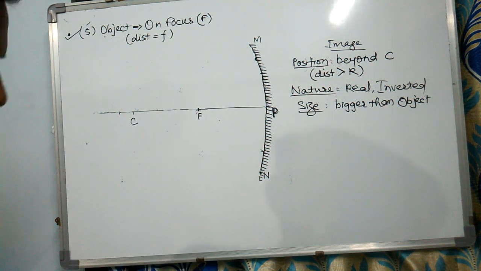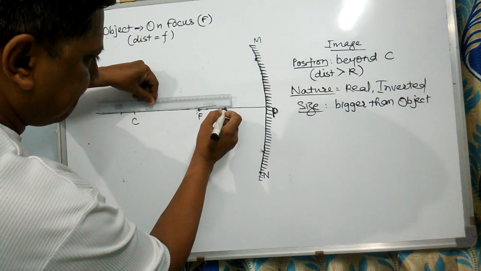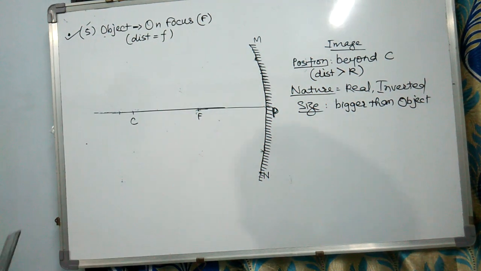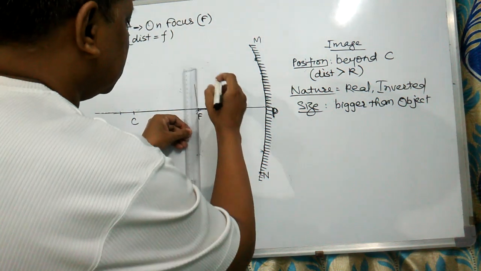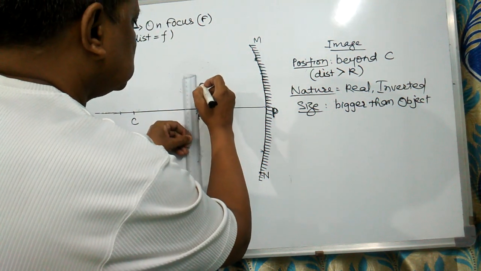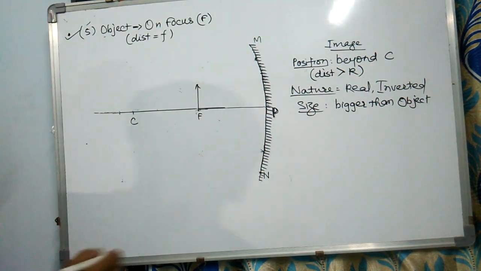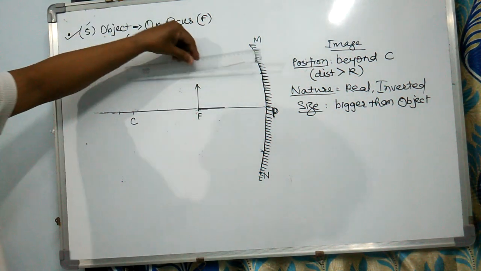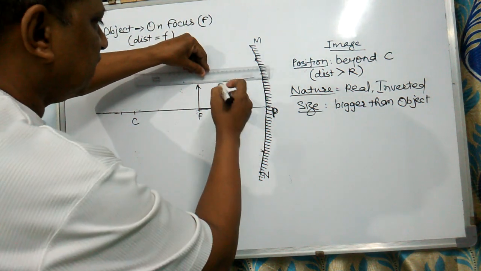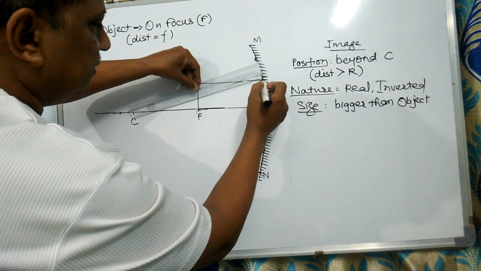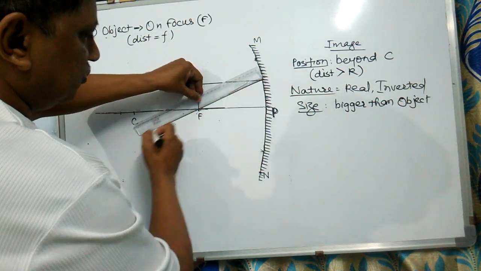Now the object is here. So the first rule is parallel to the principal axis and passes through focus.